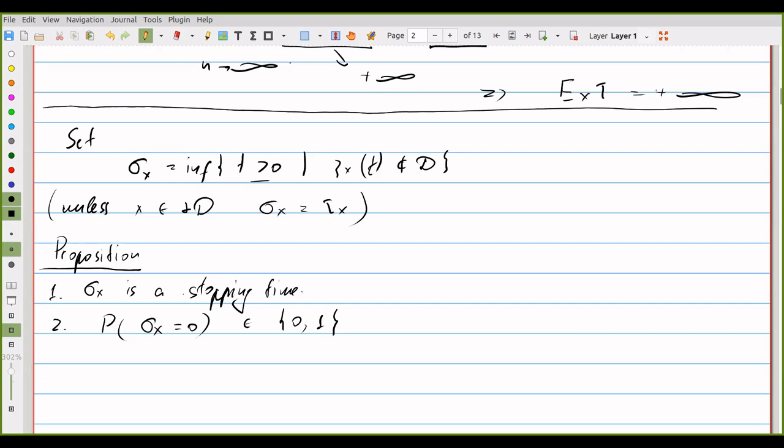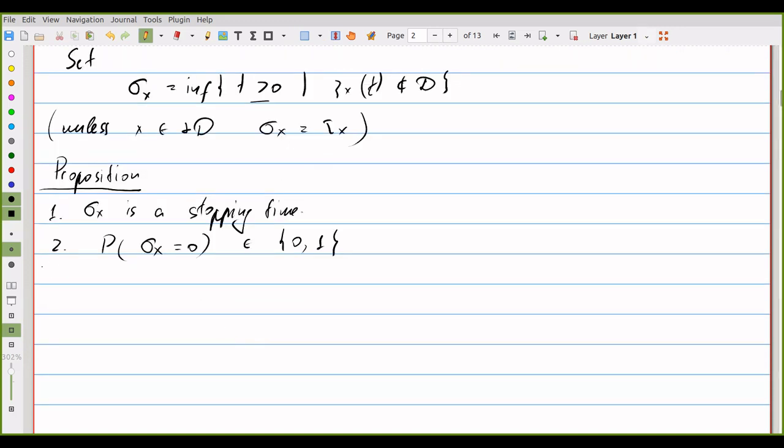Now, we need to check that this is a stopping time because previously we always defined stopping times with non-strict inequality. So it's slightly different from what we had previously. So we need to introduce some formal argument why it's still true. So first, I will introduce sigma n, n going to infinity: t greater than n minus 1, non-strict inequality, when psi x of t doesn't belong to D. These are stopping times.